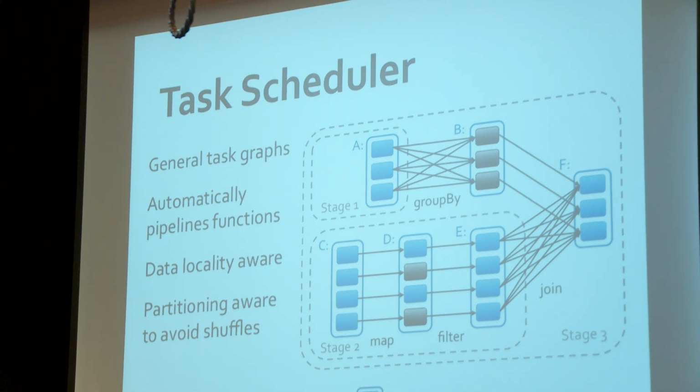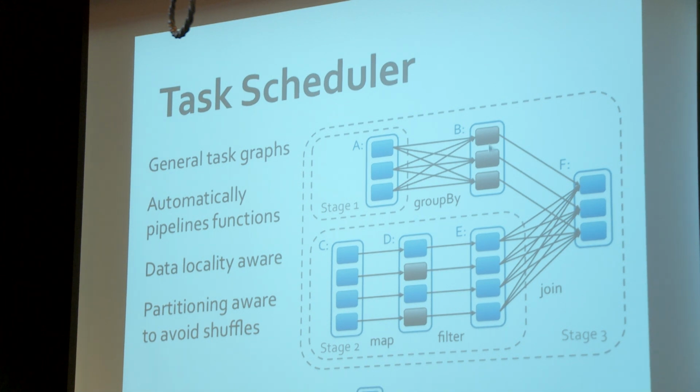And the scheduler is also aware of data partitioning, and that can often help you avoid shuffle operations across the network. One example of this is here where we're doing this join. We have one data set that we grouped by key, and then we're going to join it with another using the same key. Now, when you do a distributed join, usually the way to do it is you hash each element, and you take the hash code, in this case mod 3, to send it to a machine, and you group the elements by key that way.